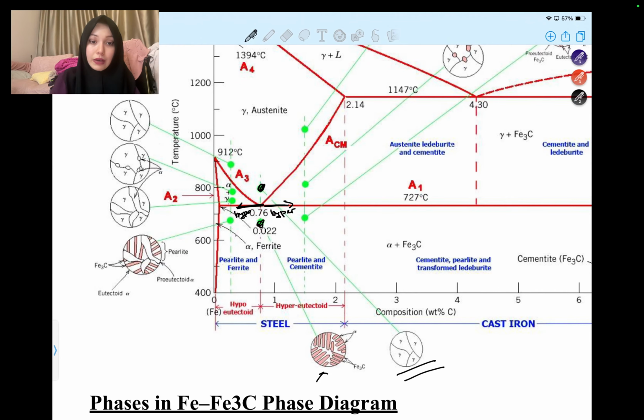Okay, so we have hypo and we have hyper, and as we have hypo, our products are ferrite and pearlite. You see, ferrite and pearlite. But here we have pearlite and cementite.